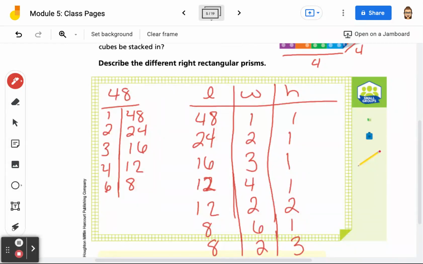So we can also look at, we have a couple over here that I can break apart some.